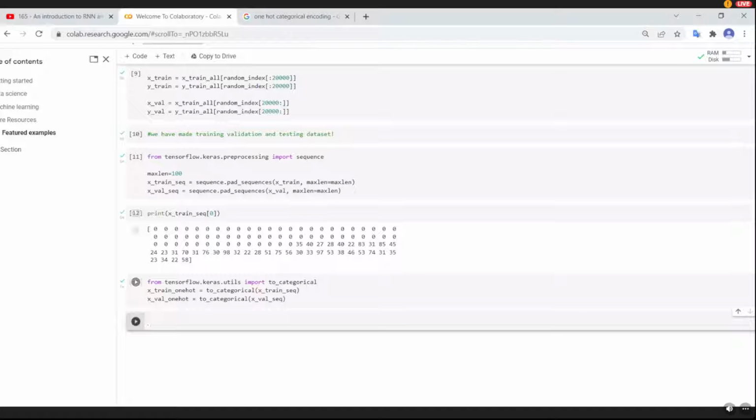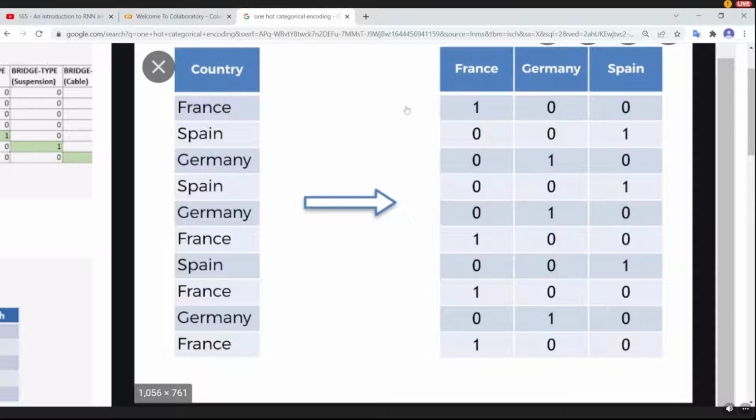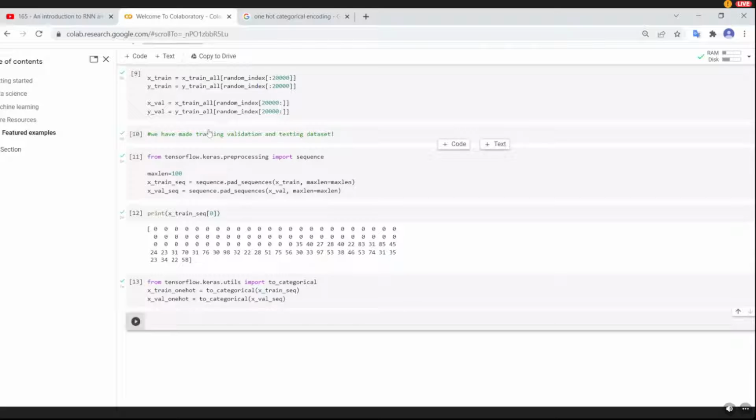Just like this, we are just changing the matrix.